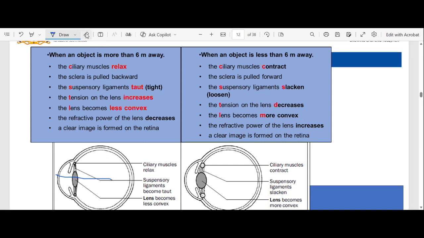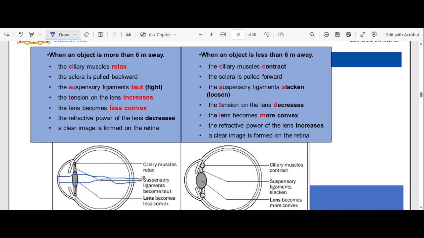Let me just draw that properly. They're trying to focus. Let me just draw this light. They're trying to focus light directly on your retina, right?